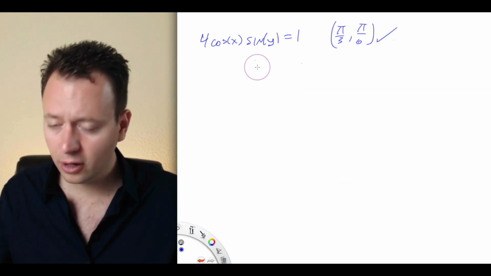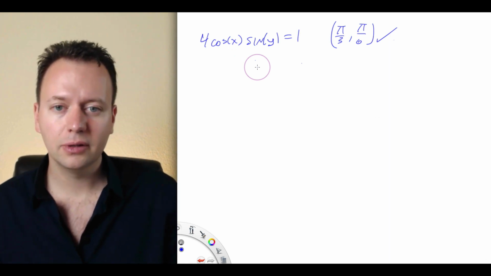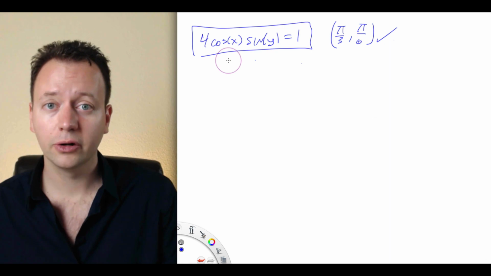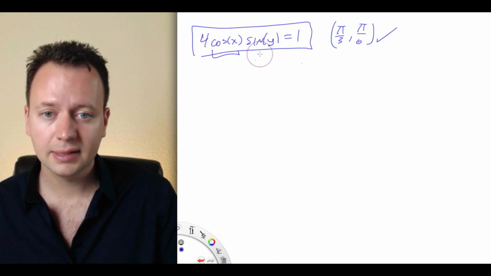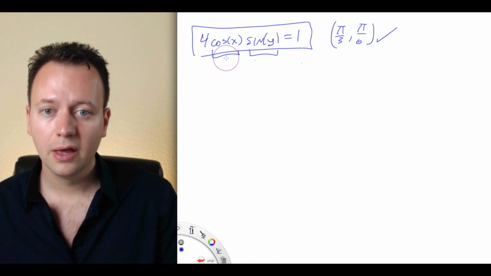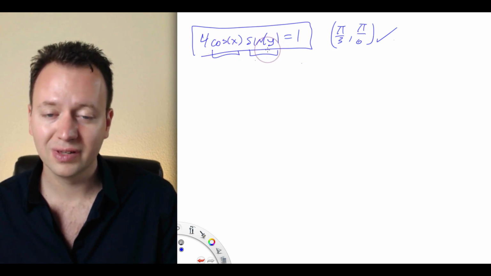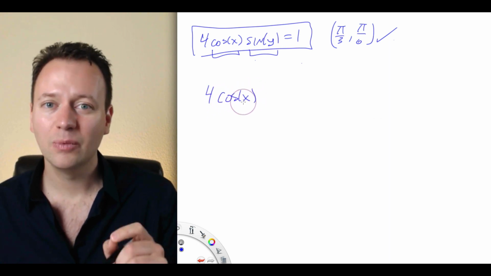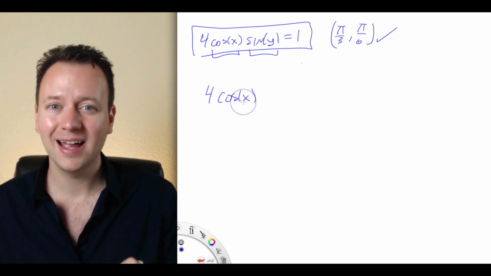Okay, so now let's differentiate implicitly. So to differentiate this, we have a product of two terms. So we're going to use the product rule. So it's the first times the derivative of the second. So the first term is 4 cosine of x, and then we multiply that by the derivative of sine of y.